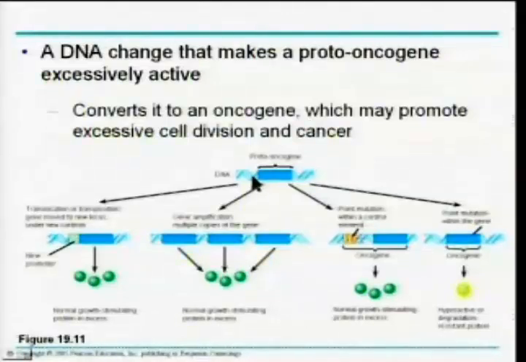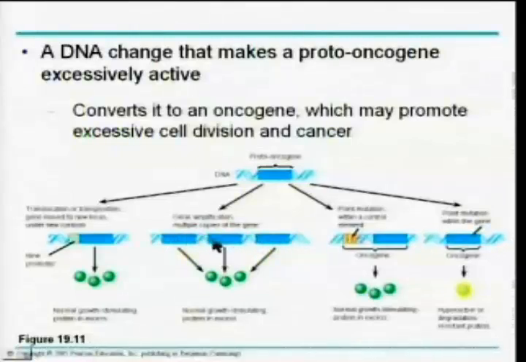So here we're seeing genetic changes that can turn proto-oncogenes into oncogenes. First, translocation or transposition. The gene moved to a new locus under new control, and you get normal growth stimulating protein, but in excess. Here we see gene amplification with multiple copies of the gene.